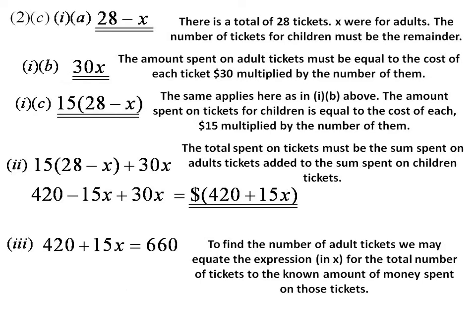Of course, we will eliminate this 420 first by subtracting 420 from both sides, in which case from the left hand side 420 will be eliminated, and here we have 660 minus 420, and that will be 240. There we have it. And that is equal to 16.